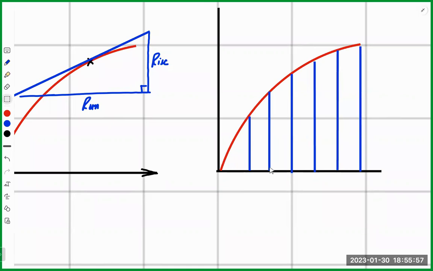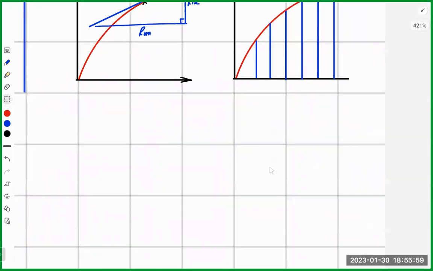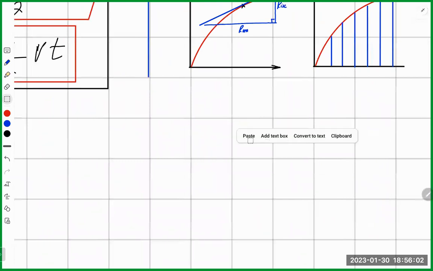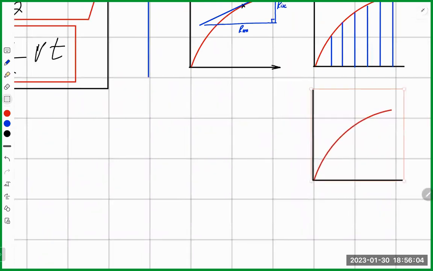One more technique is that you can split it into a single regular shape. For example, like this. What you do is you take some of the area from outside and you ignore some of the area from inside, and you make a judgment.